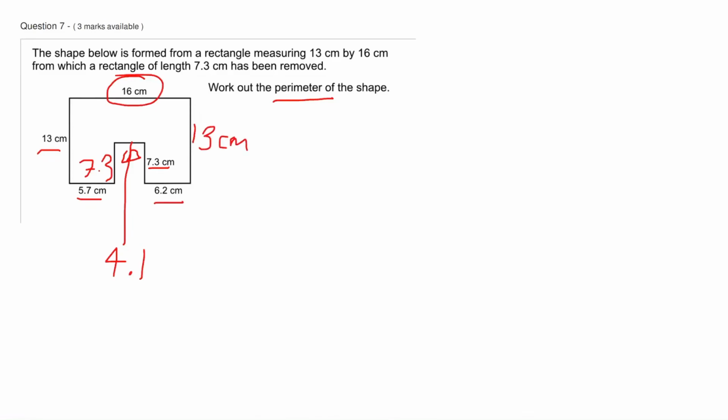All we are doing is adding them together. So just putting it straight into the calculator. So that's 16, add 13, add 5.7, add 7.3, add 4.1, add 7.3, add 6.2, add 13, and that will give you an answer of 72.6 centimeters. And that is your final answer.